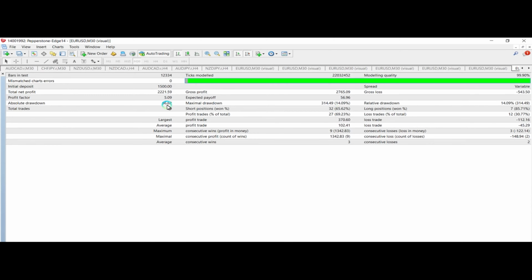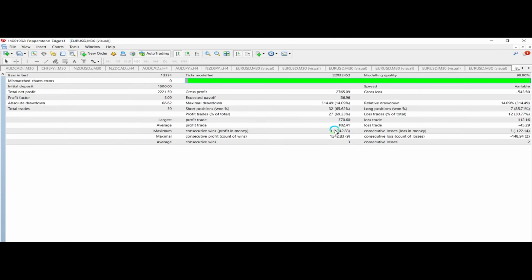And let's see the most important ratio that we will look for, and that is the risk reward. So our average profit trade was more than double, on average, the average loss trade. And it is the ratio that you always have to look for.